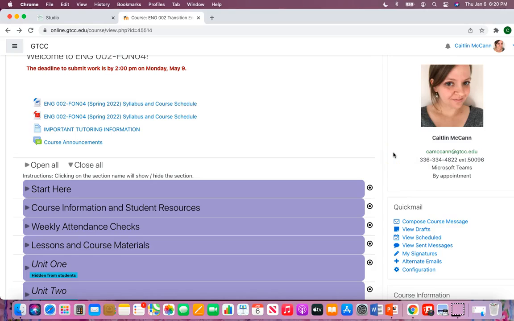And then below my email address is a phone number, 336-334-4822, extension 50096. That is the phone number for the English department office. When you call that phone number, the only person you will get is the administrative assistant for the English department. She will send me an email telling me that you called, and then I will email you saying, hey, what's up?